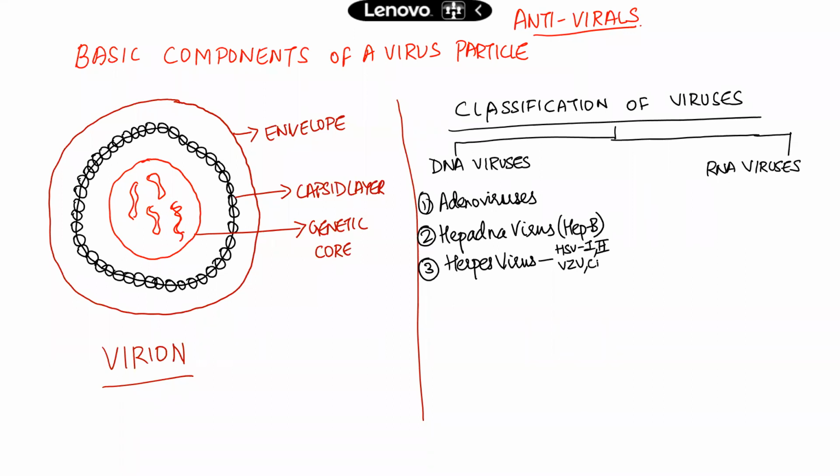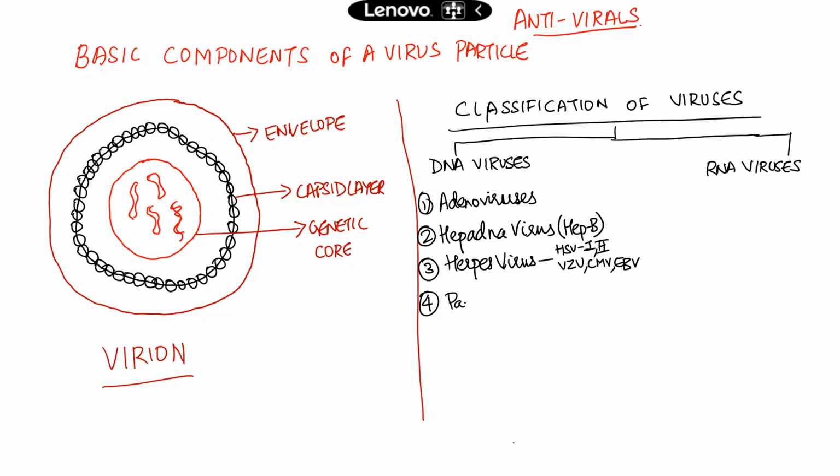Then we have cytomegalovirus that causes certain diseases, mostly infectious mononucleosis. And then lastly, we have the Epstein-Barr virus. So this is pretty much a very big family of herpes viruses. Then we have papilloma virus.